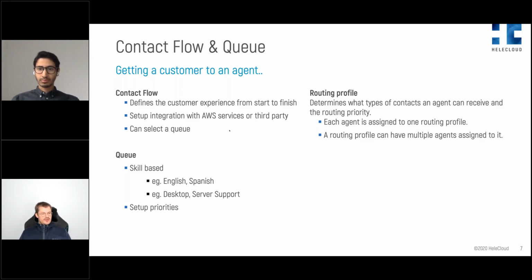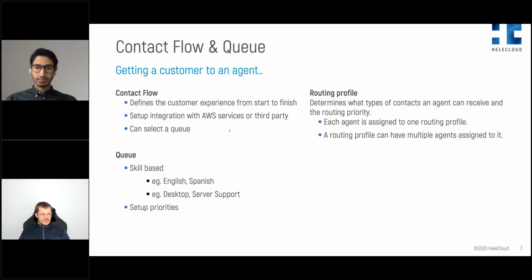But besides languages, you might also have people who are well versed in desktop support and people who are well versed in server support. And skill-based routing allows you to say, okay, I have a Spanish call about server support, so these are the 5 agents that can handle that.